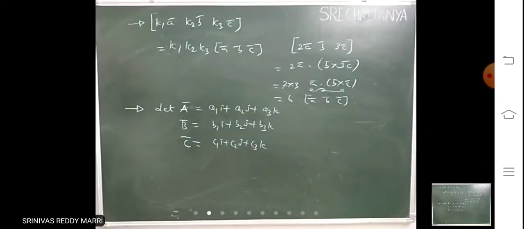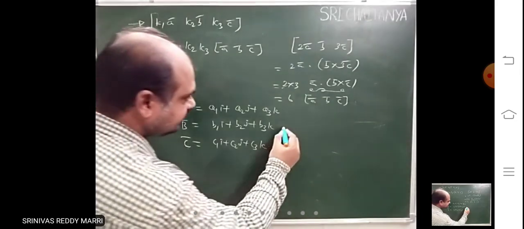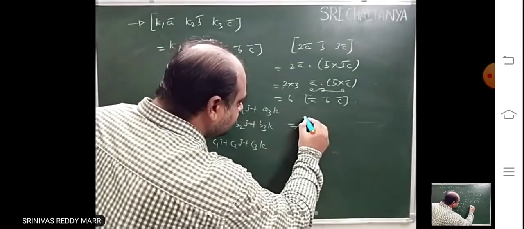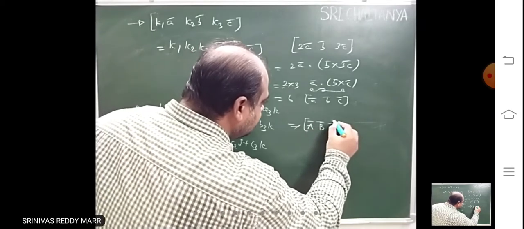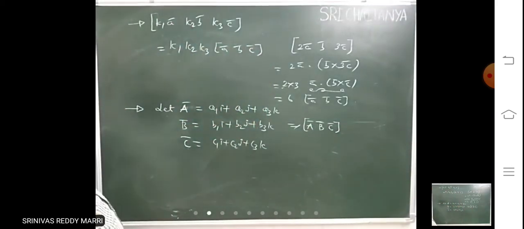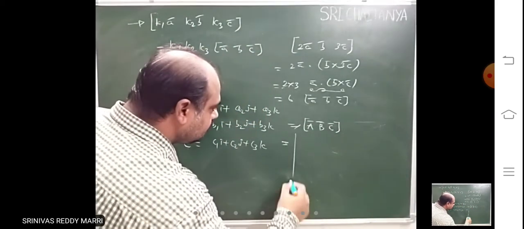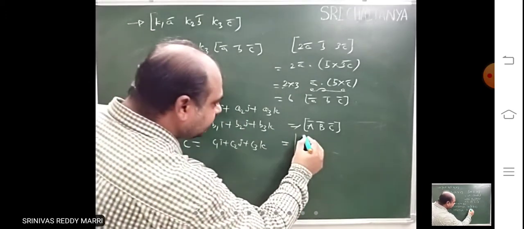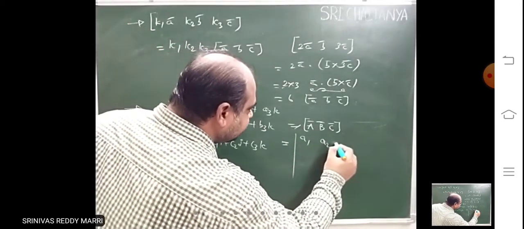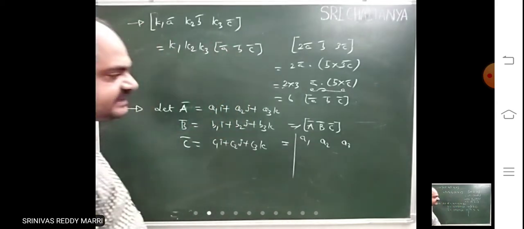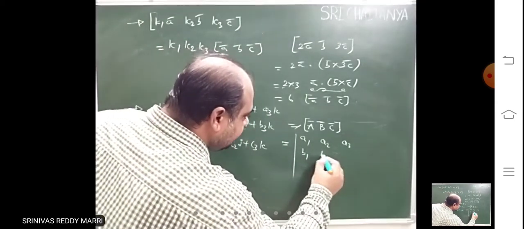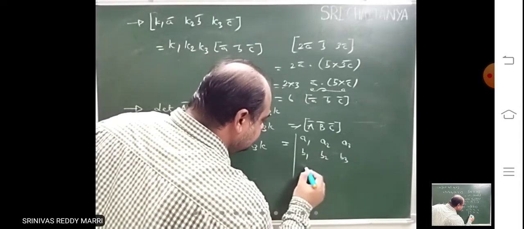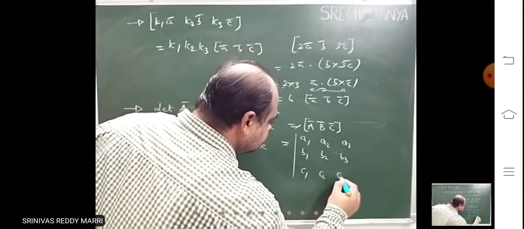Suppose, in terms of i, j, k, express this. Therefore, the scalar triple product is nothing but the determinant, with the first vector in the first row: a1 a2 a3, b1 b2 b3, c1 c2 c3.